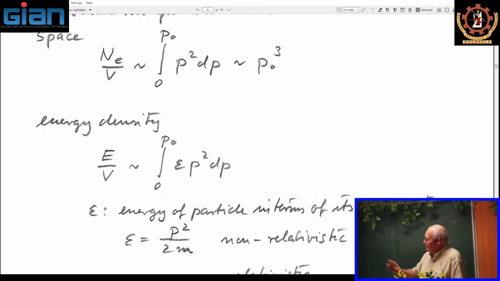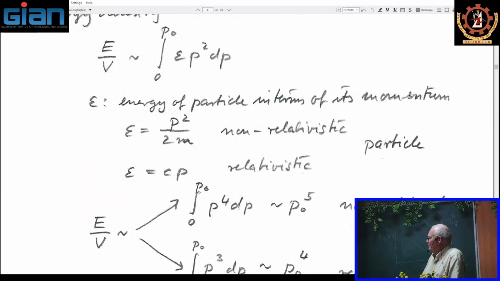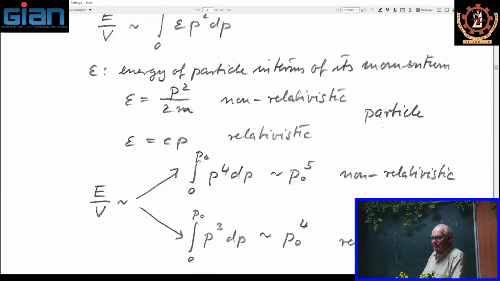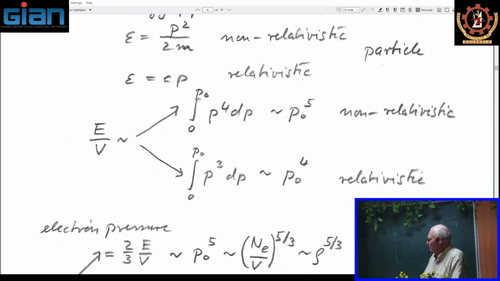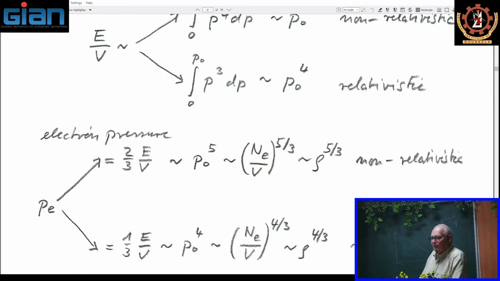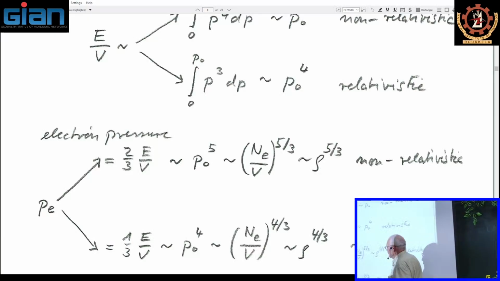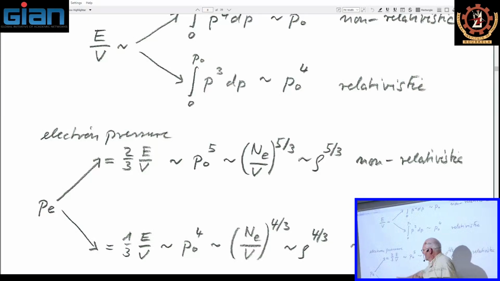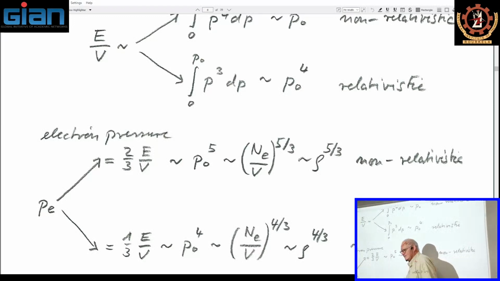The number density goes with the maximum momentum to the 3rd power. The energy density goes either with power 5 or power 4, depending on whether our particles are relativistic or non-relativistic. And now we can construct from that a relation between the electron pressure and the density in the following way. The electron pressure is proportional to the energy density with a factor 2/3 for non-relativistic particles and with a factor 1/3 for relativistic particles.